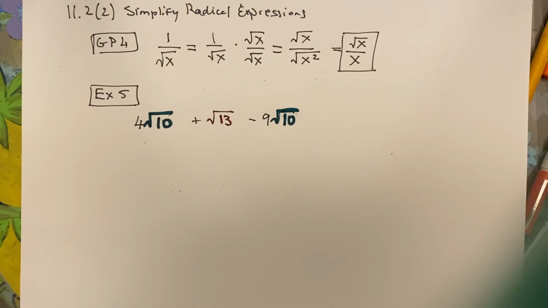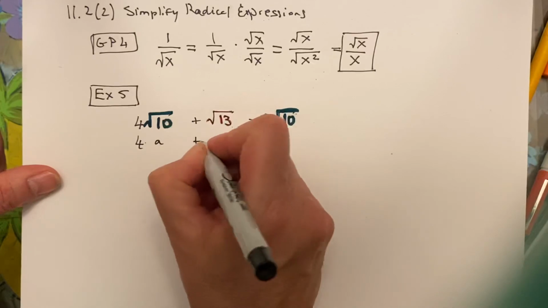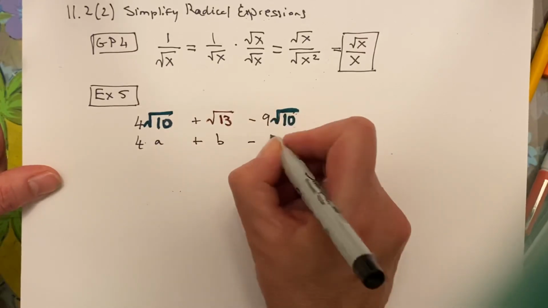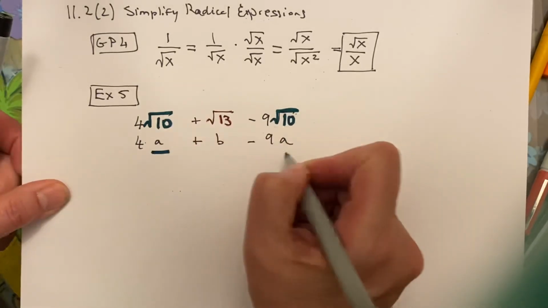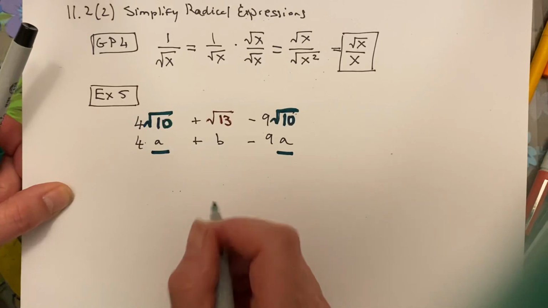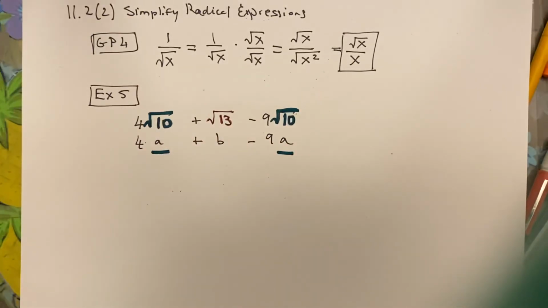And it's a little bit like, say I had 4a plus b minus 9a, right? Because here a and a are the same, right? They're like terms, and b is slightly different.